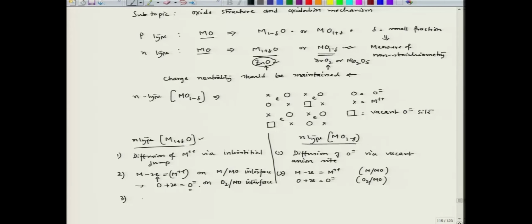So, third is the metal ion migrates to the oxygen–metal oxide interface and then combines with O2-, which becomes MO, whereas in this case the oxygen ion migrates to the MO interface and then combines with M++ to form MO.